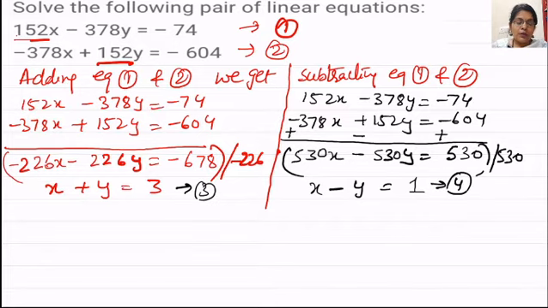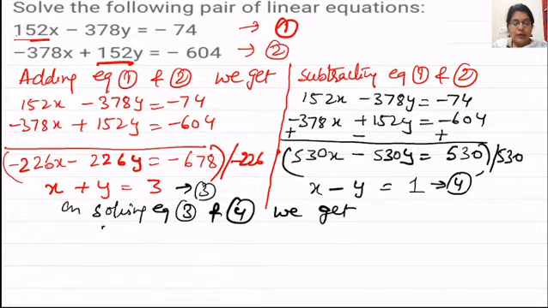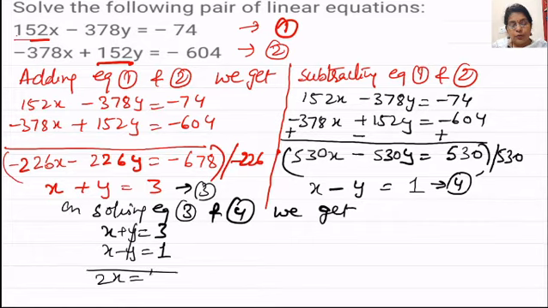On solving equation 3 and 4, we get x plus y equal to 3 and x minus y equal to 1. 2x is equal to 4 implies x is equal to 4 by 2 is equal to 2.